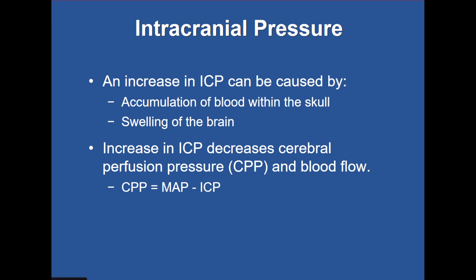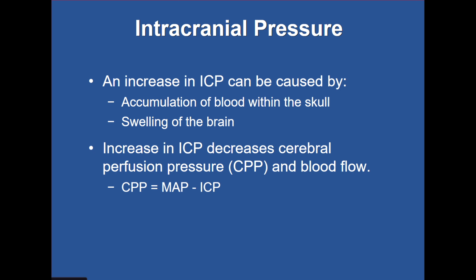Anytime you get an increase in your intracranial pressure that takes it above 15, certainly above 20, you're going to have a decrease in that cerebral perfusion pressure, which is going to decrease the amount of oxygen that's allowed to get into that brain tissue. It will actually start to decrease the blood flow into the skull and around that brain.